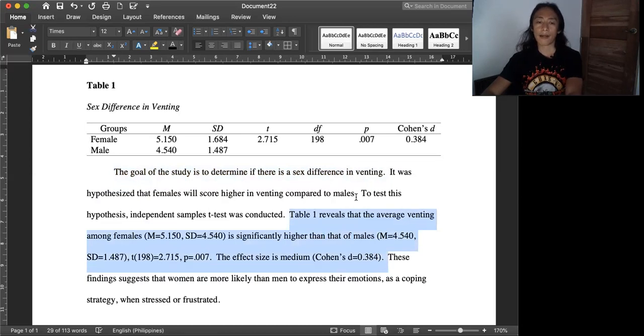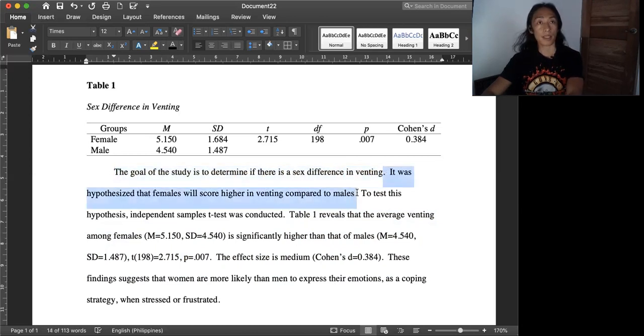But if you have a lot of room for explanation, it would be best to remind the readers again what the objective is, and even the hypothesis, because of course the results are anchored on the hypothesis.